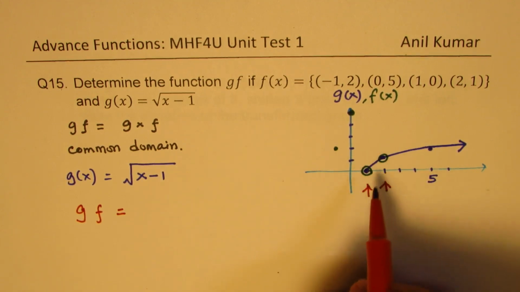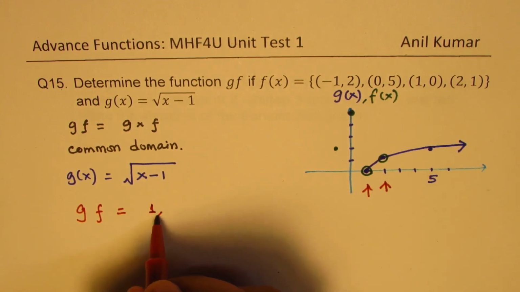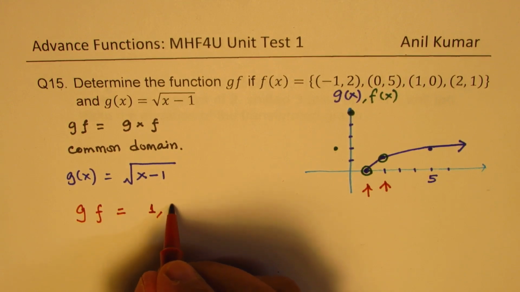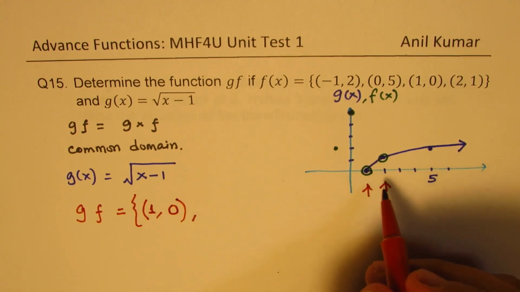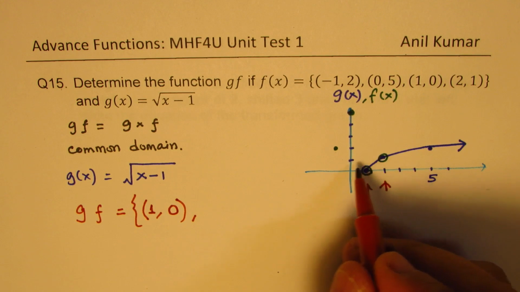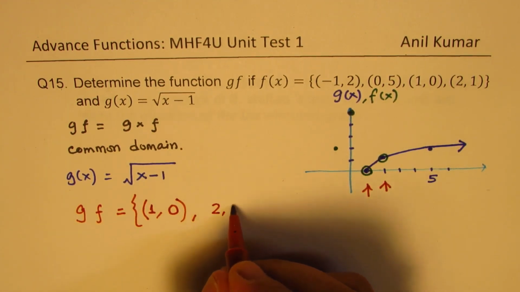When x is equal to 1, the product 0 times 0 is basically 0. The other point is when x is equal to 2, that is 1 times 1, right? So both get value of 1. So at 2, the answer is 1.